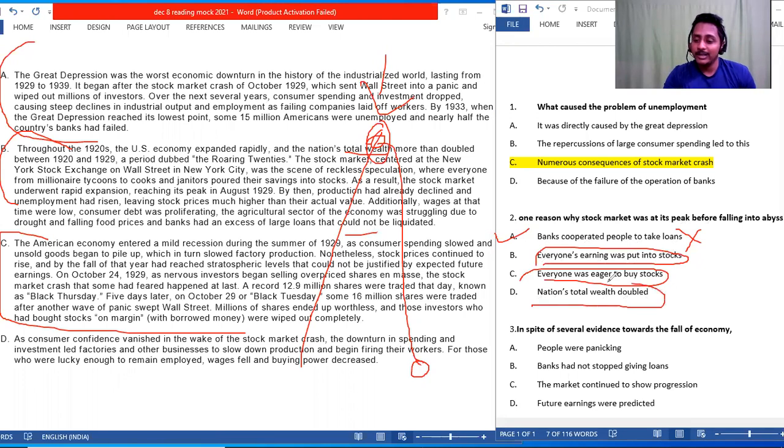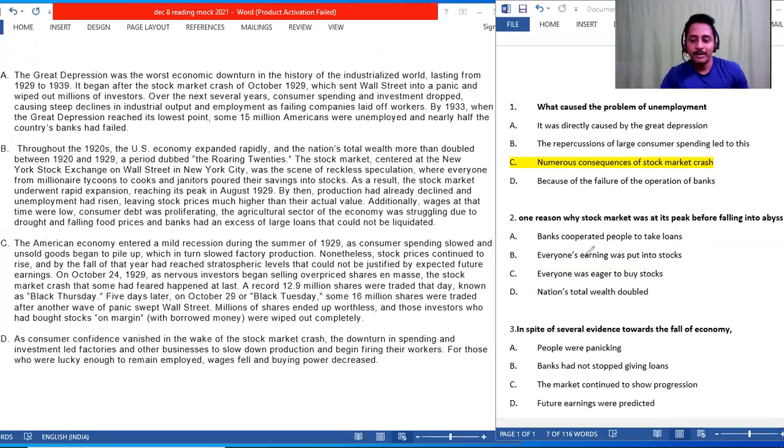Nation's wealth doubled. See now, pay attention. Okay, what is your answer by the way? C, C, C, C, C, D, D, D, D. Read the question. You think D is the answer? Why was the stock market at its peak? Because the nation's wealth doubled.